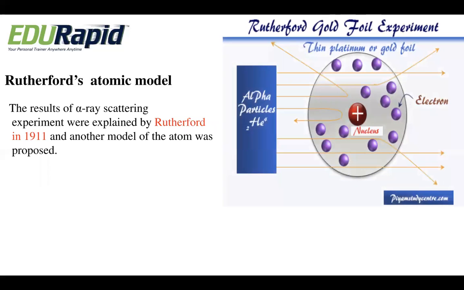This experiment is also called the gold foil experiment, because he used a gold foil to pass the alpha particles through. Like aluminium foil, similarly a gold foil. He took a gold foil and allowed the alpha particles to pass through it. When he passed the alpha particles through it, to his surprise, he saw that most of the rays passed without any deviation.